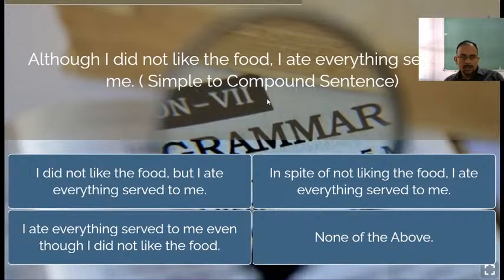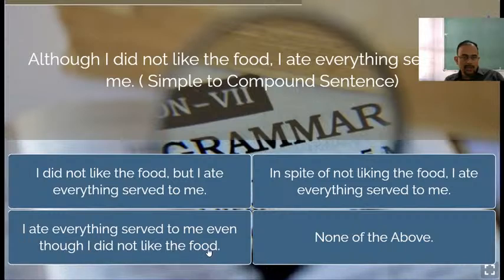Compound sentence: I did not like the food, but I ate everything served to me. In spite of not liking the food, I ate everything served to me. I ate everything served to me, even though I did not like the food.